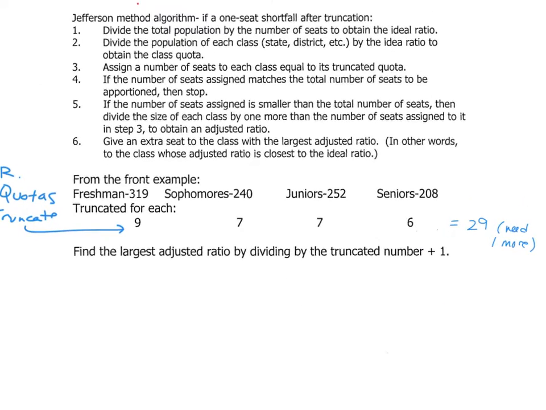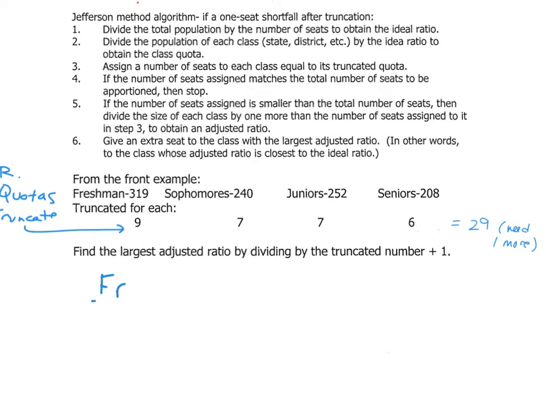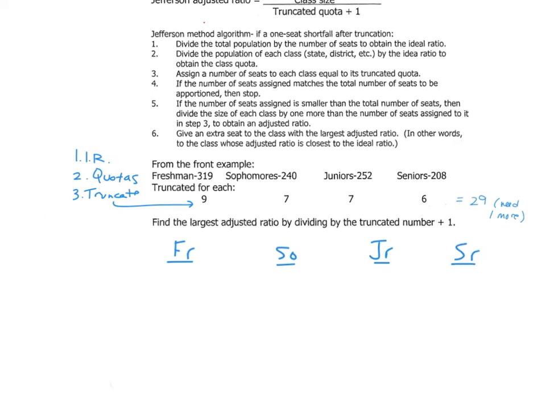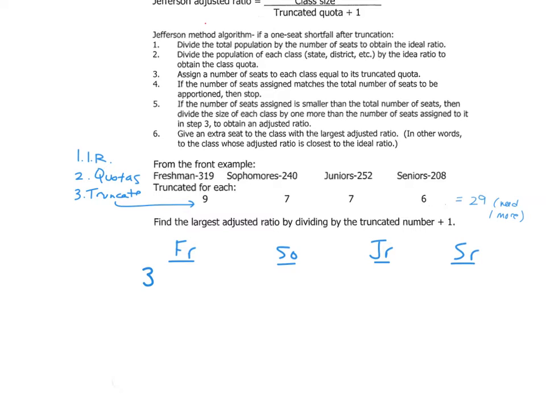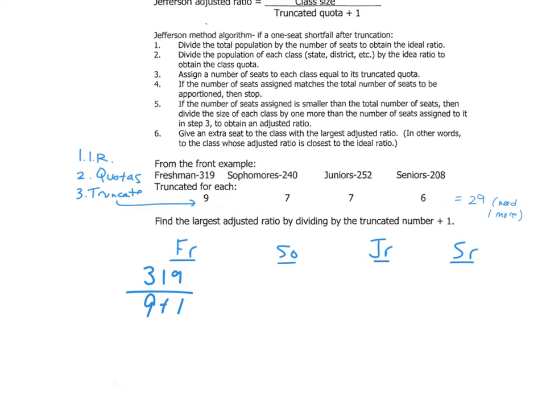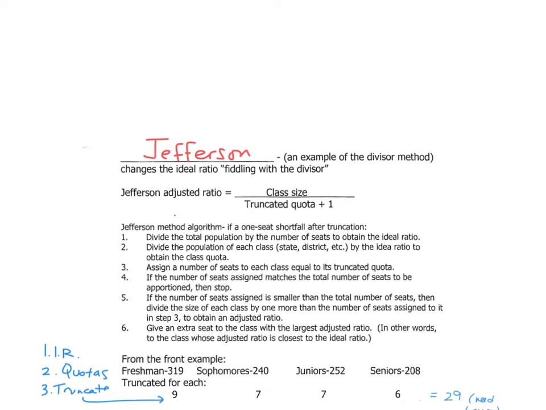So how this is figured out is we find a new adjusted ratio for each class. We will take the population of the class and the number it got, so the freshmen got 9, and we're going to add 1 to it. You see up here I have a formula that says class size divided by truncated quota plus 1.